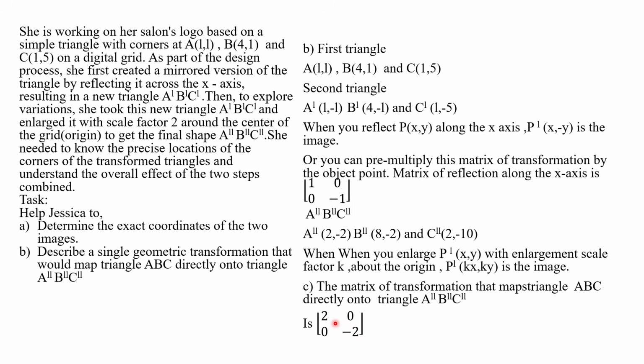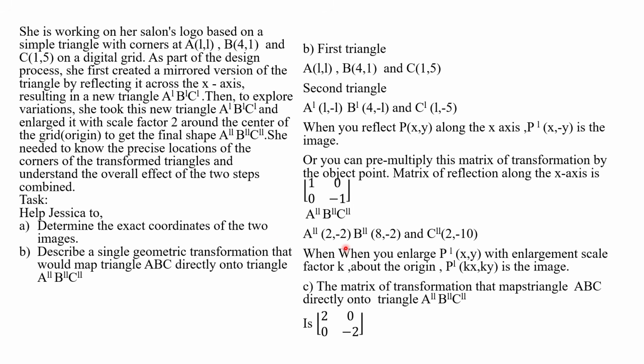So I'm asking, to get the matrix of transformation that maps this onto this, I ask myself, which matrix of transformation will I pre-multiply with this object point, triangle A, B, C, to get the image triangle this.